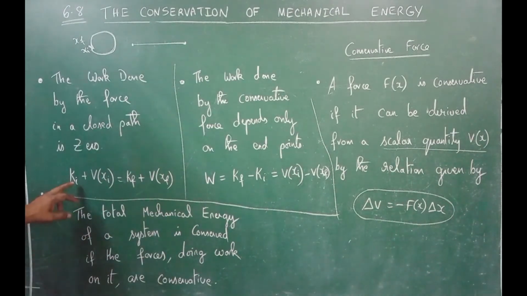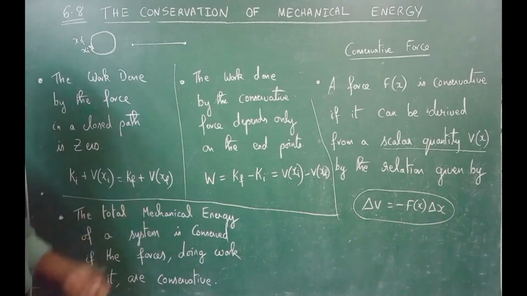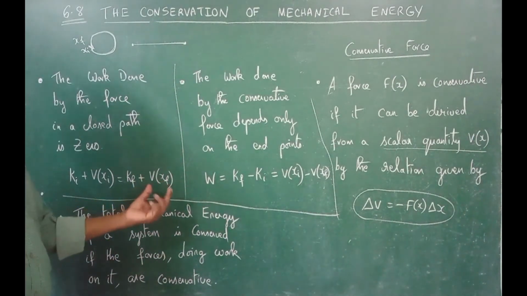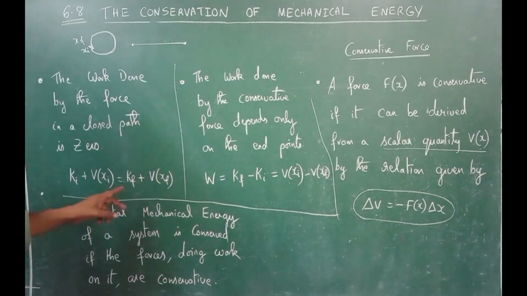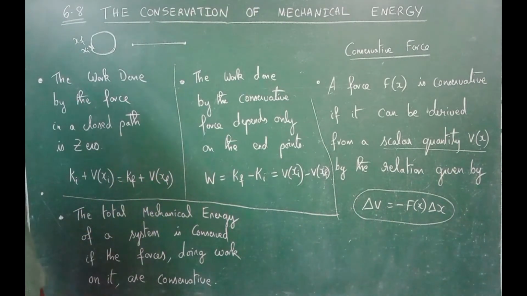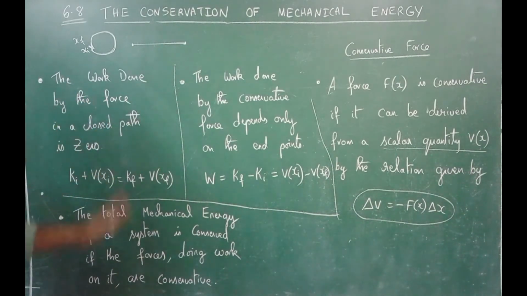Therefore, we already have the relation: kinetic energy at the initial point plus potential energy at the initial point is equal to kinetic energy at the final point plus potential energy at the final point. If I make kf as ki and v of xf as v of xi, then both sides are equal, therefore the answer is 0. That is, the work done by the force in a closed path is 0.